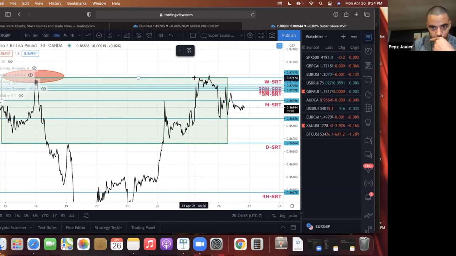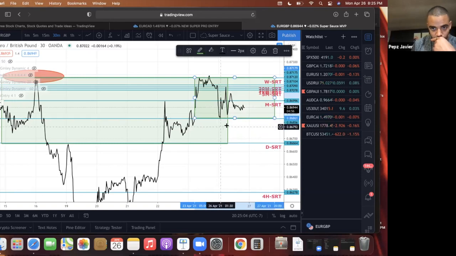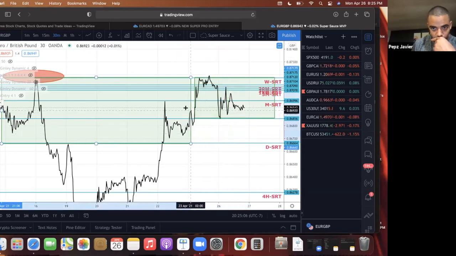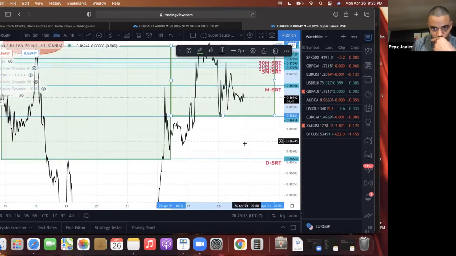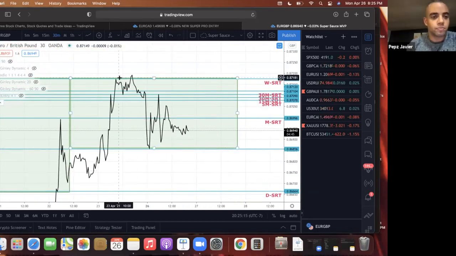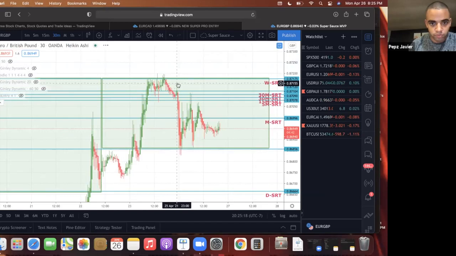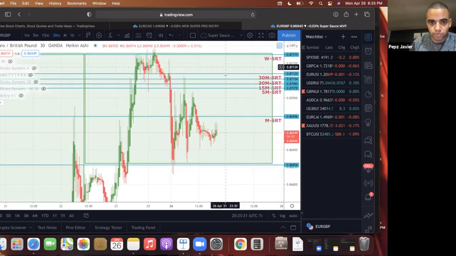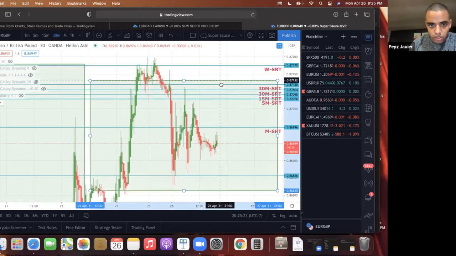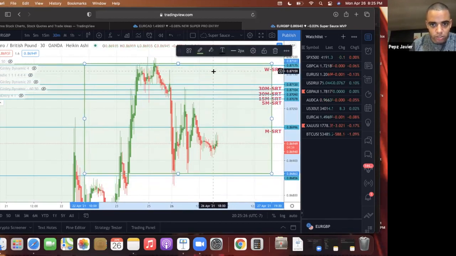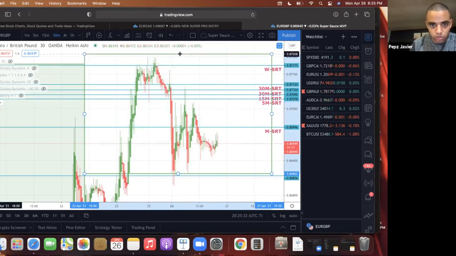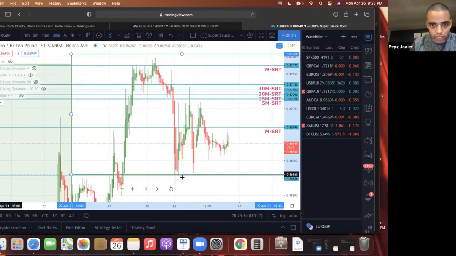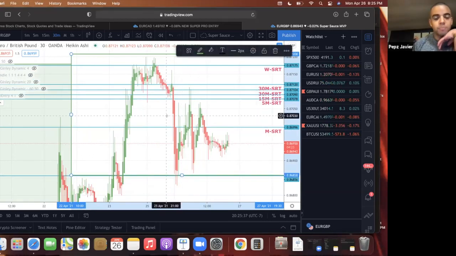We may do 2 zones. Okay, cool. This works. So this is gonna be our zone. Let me just extend it for the purposes of this training. This is gonna be our zone, right?